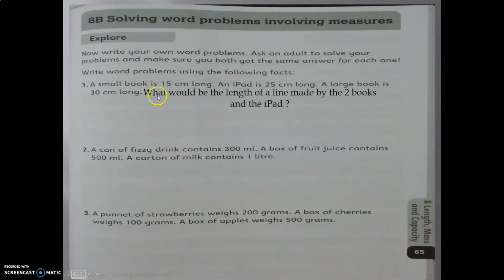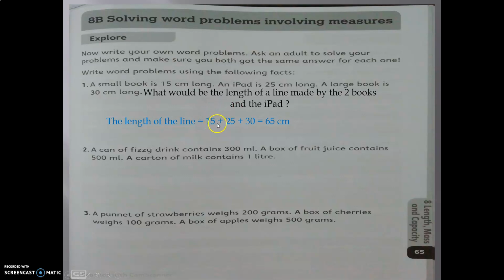I can ask you, what would be the length of a line made by the 2 books and the iPad if you put them together as a line? I think to know the total length of this line, we make plus between them.